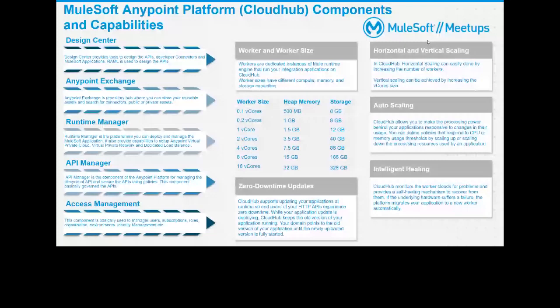Yeah, you are correct. So MuleSoft continuously monitors your application. If something goes wrong, like your Mule runtime crashed or your worker is not responding, MuleSoft will automatically redeploy or restart that application in some availability zone.